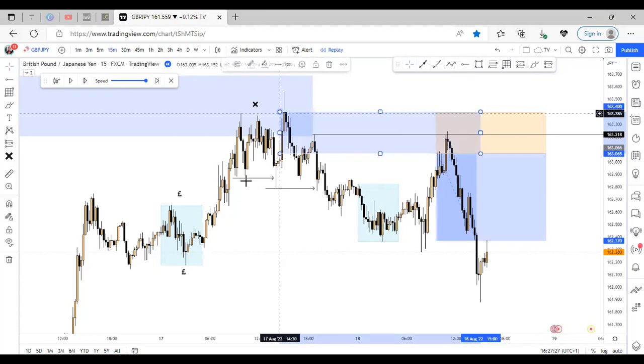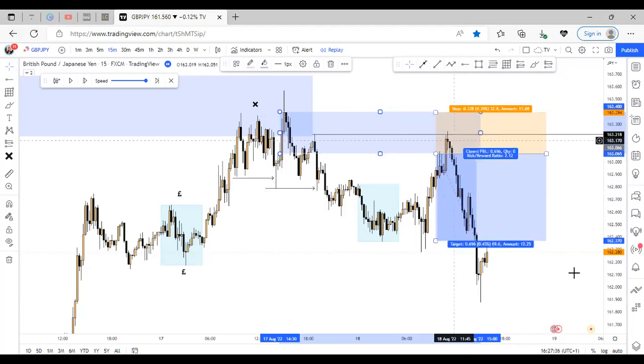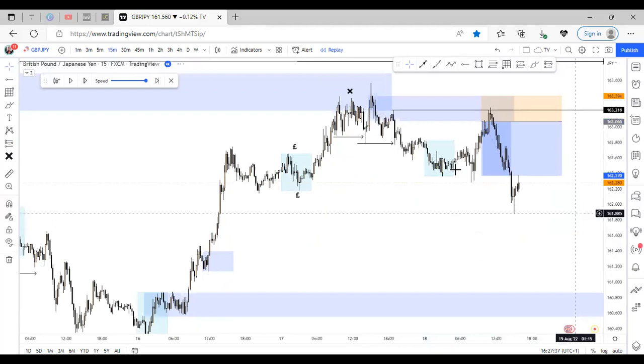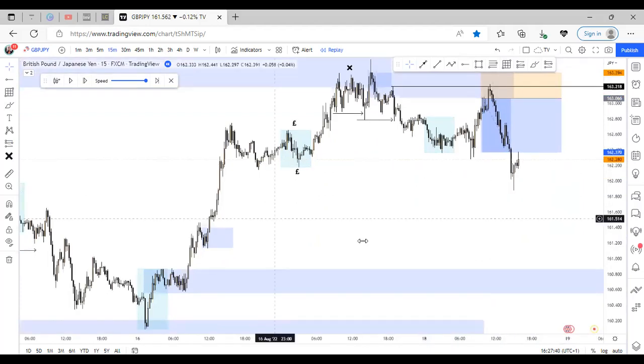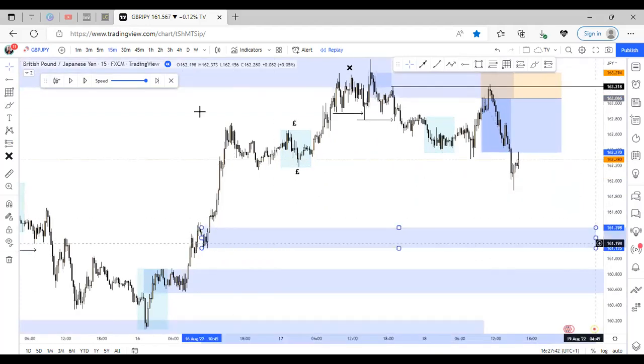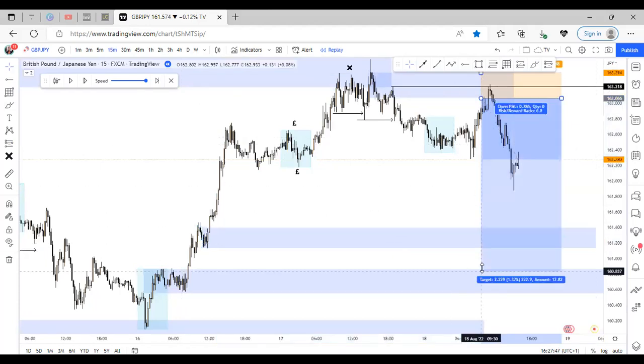And since we already have a break of structure at first here, we have this second break of structure. I'll definitely trust this trade. And so now for take profits, my take profits can either be at this level of demand right here, at this level, or at this overall level.